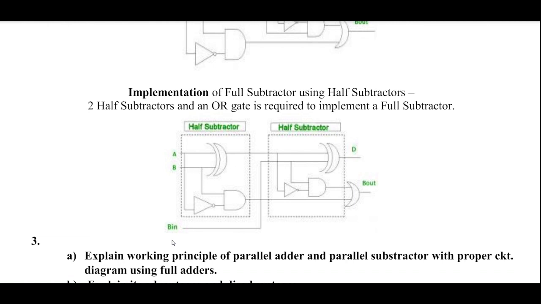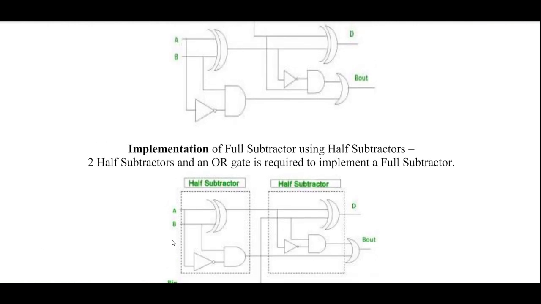Okay, it's easy. That's how we can construct the half and full adders, full adders using half adders, and the full subtractor using half subtractors. Next we will study how to construct full adder and full subtractor using NAND gates only. Thank you.